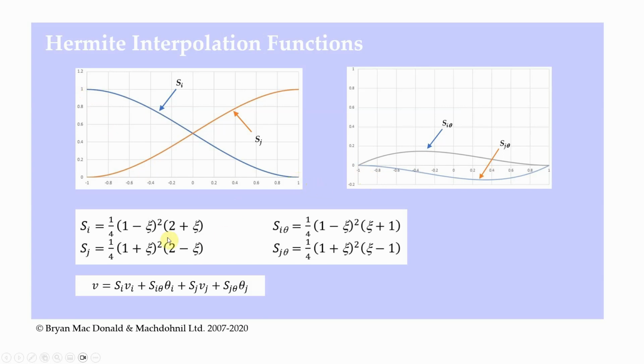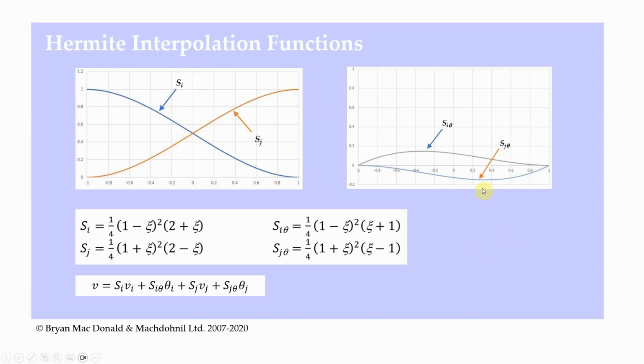Sorry, SJ has a value of 1 at its own node and a value of 0 at the other node. So again, across the bottom here is natural coordinate: 0 in the middle of the element, 1 at node J, -1 at node I. And again, SI plus SJ is equal to 1 at any point through the element.